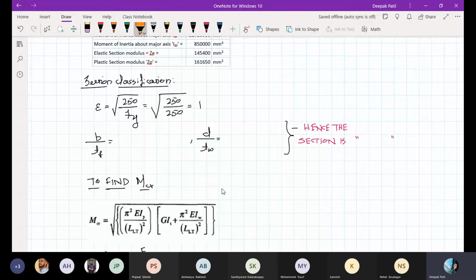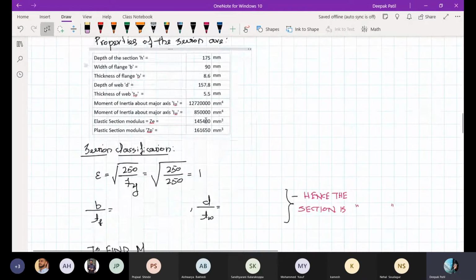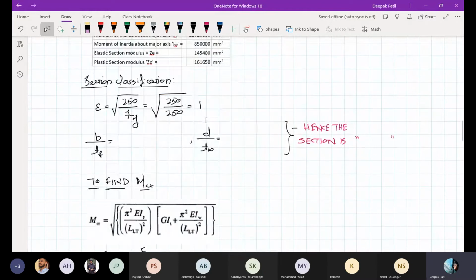Then I have to go for b by tf. Here b is, as I told you, not the width of flange 90. It is the outstanding width of the compression flange, which is 90 divided by 2, divided by the thickness of flange 8.6. This comes out to be 5.23.